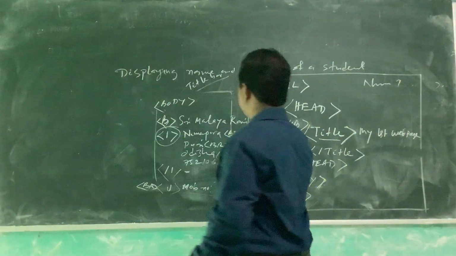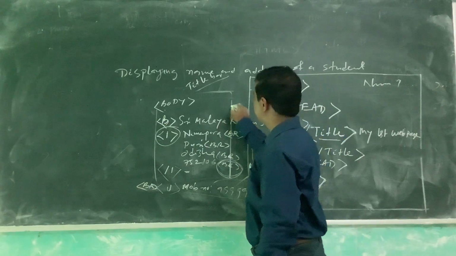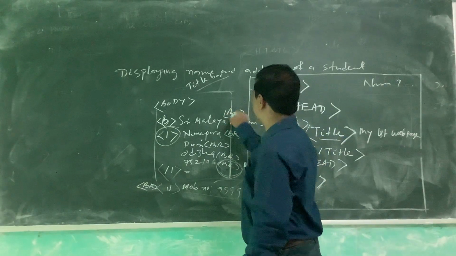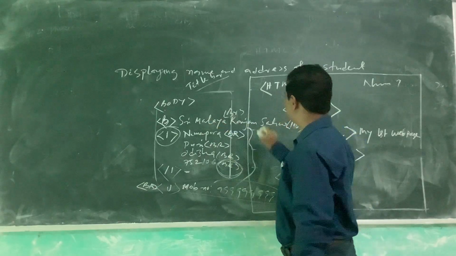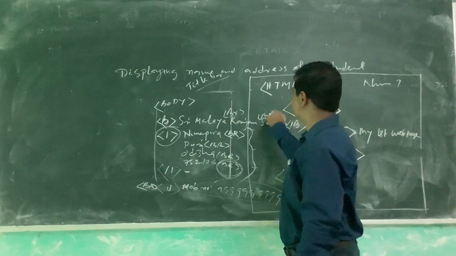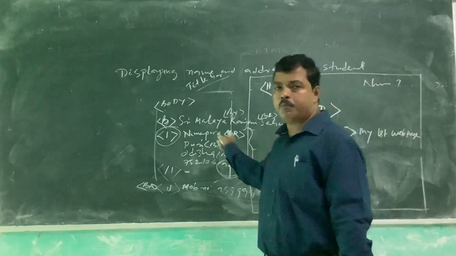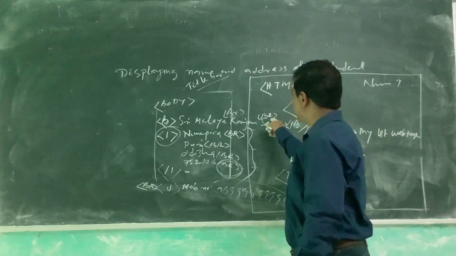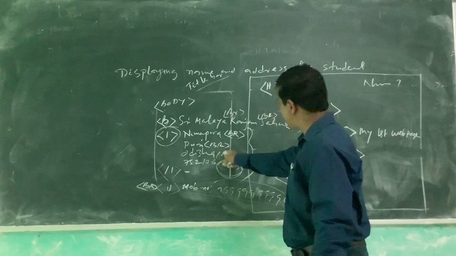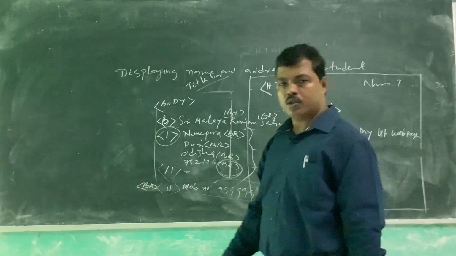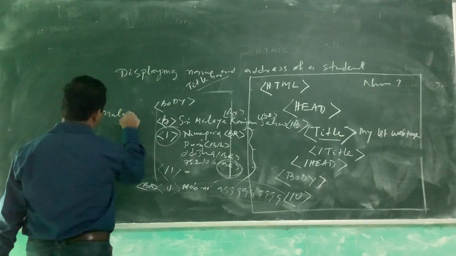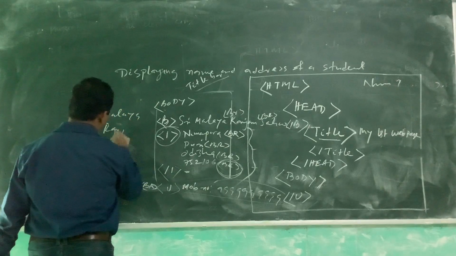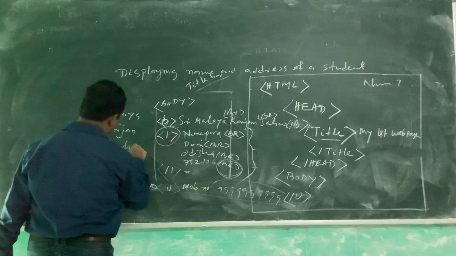You can add the break tag here: Malaya, break, then it will create a new line, Ranjan, then give the break tag here, then it will create another new line and so Sahu. That means the output will be Malaya, then Ranjan, then Sahu.